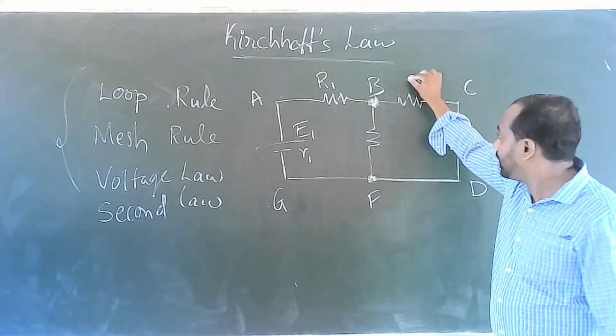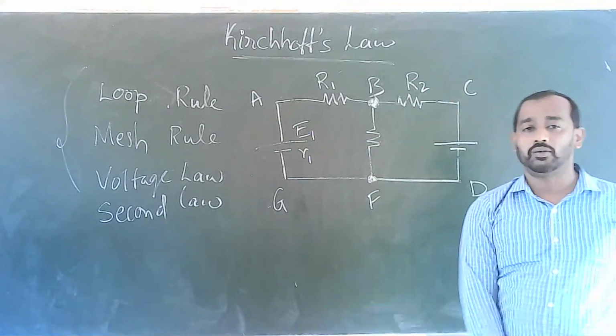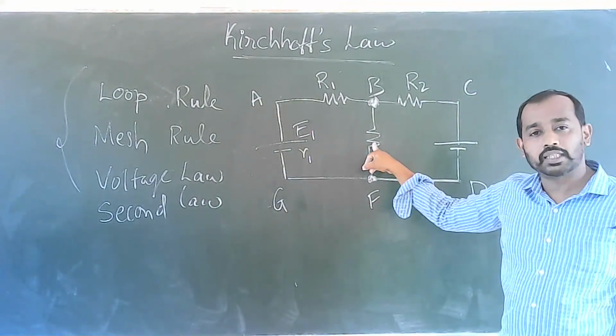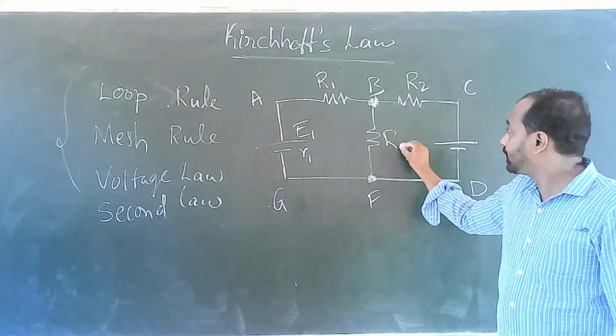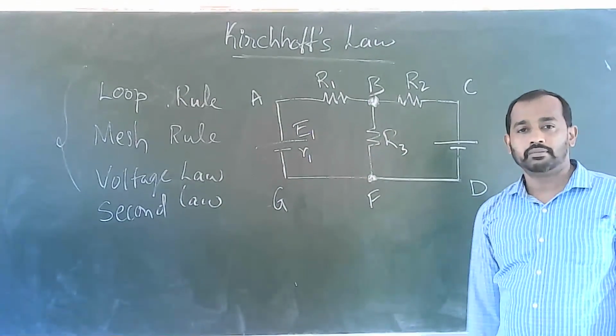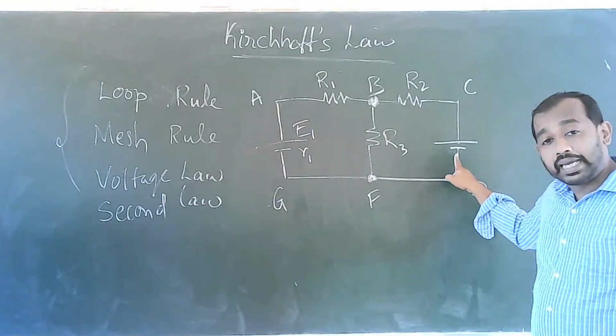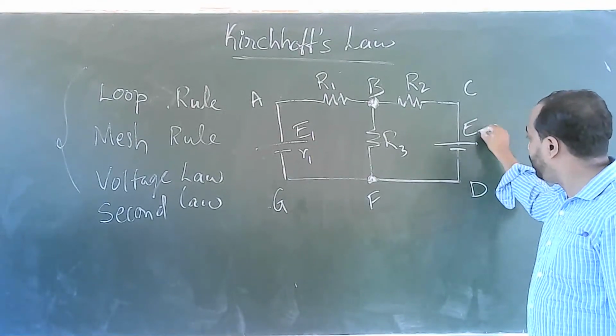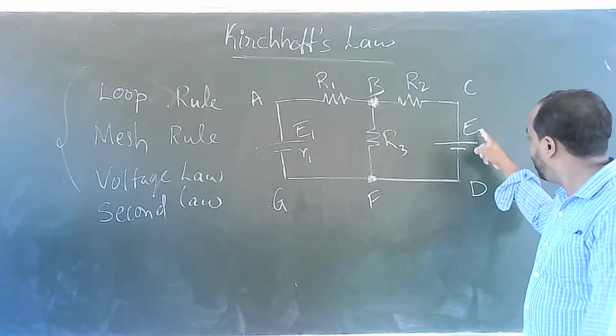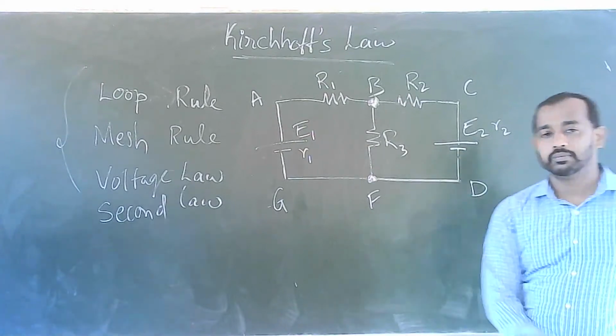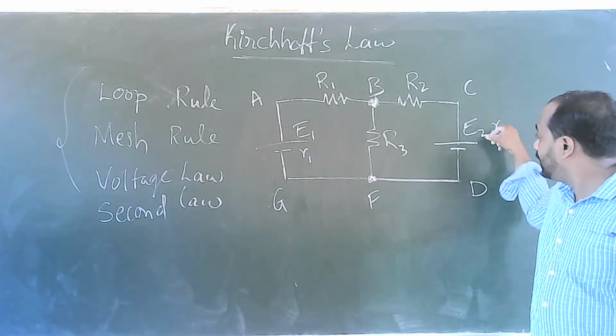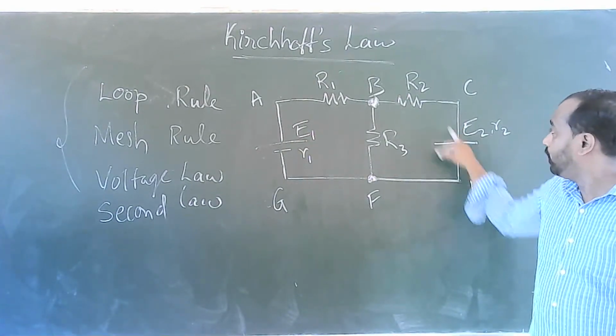I will treat this as a second resistor. It will have the resistance R2. Obviously, the third one will have the resistance R3. The second cell will have the EMF E2 and internal resistance r2. Again, r2 is in series with E2.